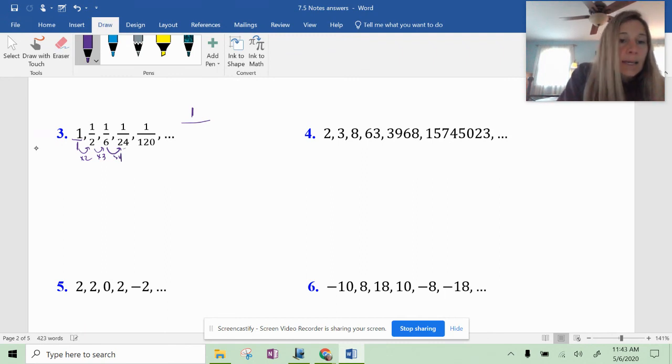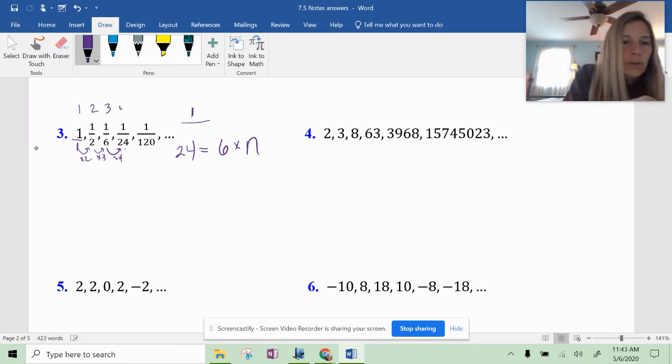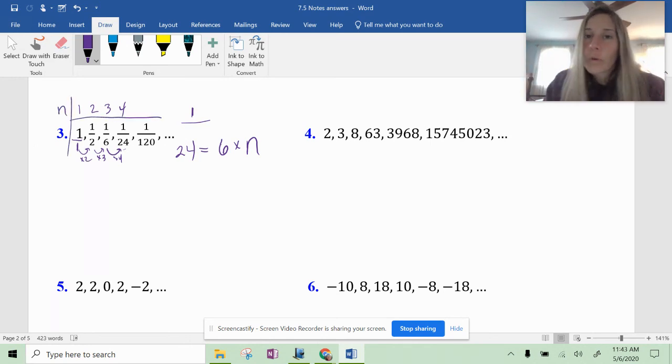So let's say to get the 24, for example, on the bottom, I would have to take the previous number and multiply it by the n value or whatever step it's on. So you'll notice that this is n1, this is n2, this is n3, this is n4. So sometimes whatever step it's on, that's the number you're multiplying by. So in this case, that's how I would do that.